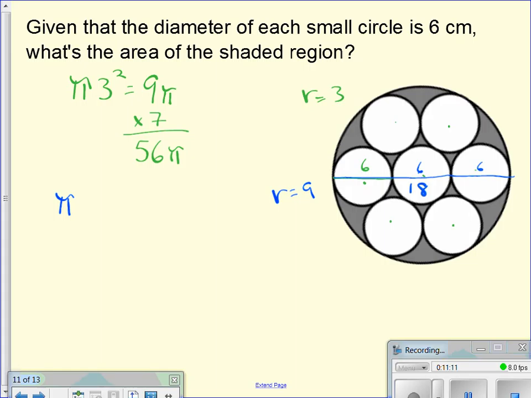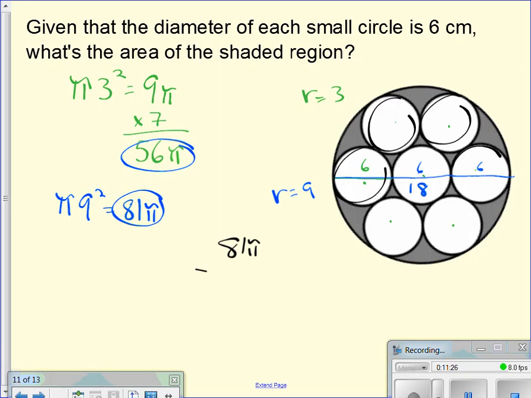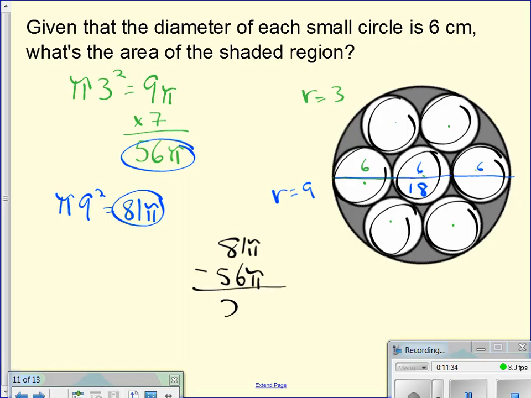So pi 9 squared equals 81 pi. Take these two things. I want to take the big circle, which is 81 pi, and subtract out all of these little cutouts, basically, right? I'm taking a cookie cutter and I'm cutting this out every single time. I subtract my 56 pi, and I am left with 25 pi centimeters squared.